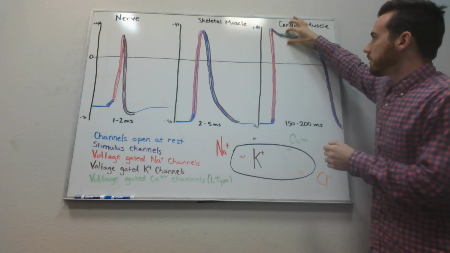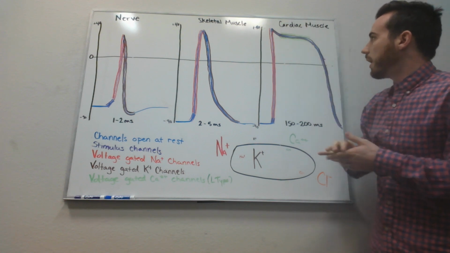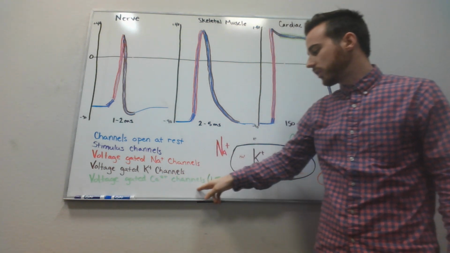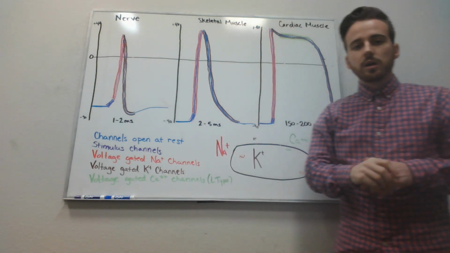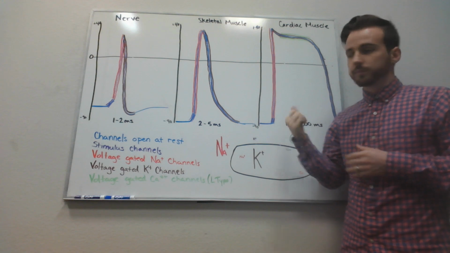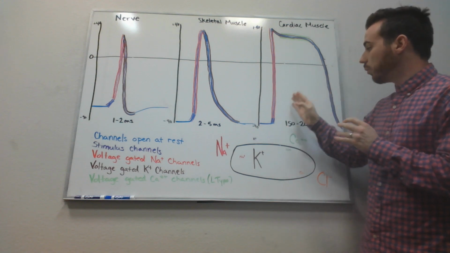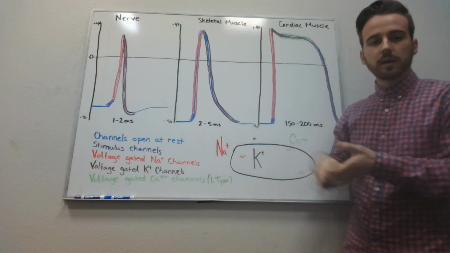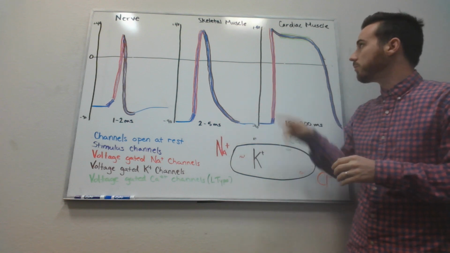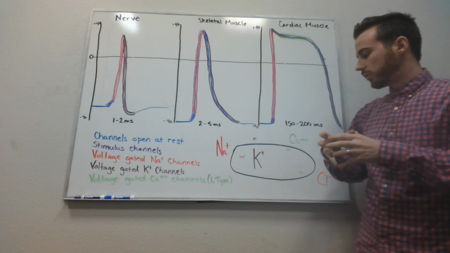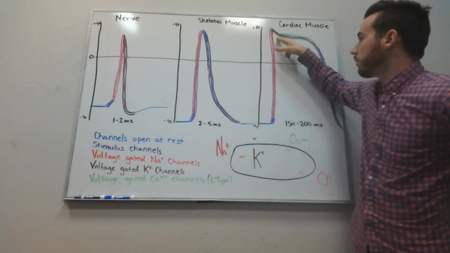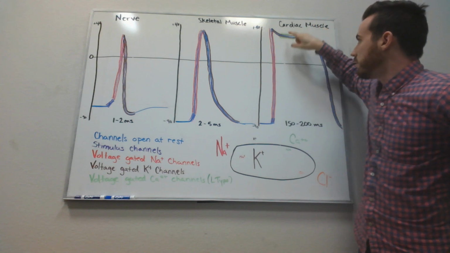Okay, why do we get this plateau? And the reason we see this plateau is because of these voltage-gated calcium channels, the L-type channels, which are unique to cardiac muscle. And they are very, very slow to open, even slower to open than these potassium channels. Okay, so they take a minute to open, which is why we get this slight repolarization and then the plateau.